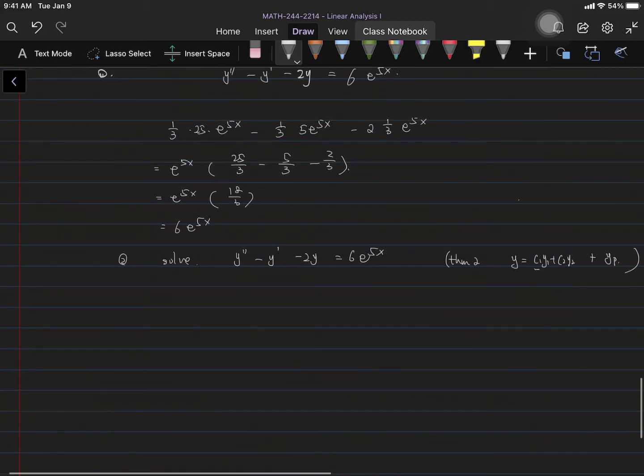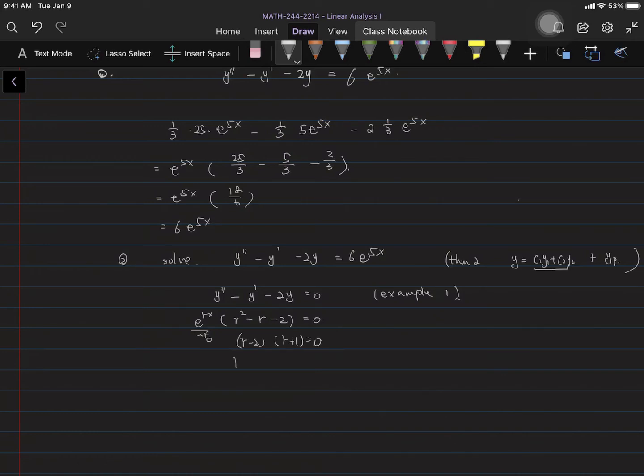Because this is second order, we have y1, y2 for the homogeneous. So we can solve for the homogeneous: y double prime minus y prime minus 2y equals 0. This is the same as example 1. When we plug in e to the rx, it's going to be something like this. And since e to the rx never equals 0, r minus 2, r plus 1 equals 0. So r equals 2, r equals -1.